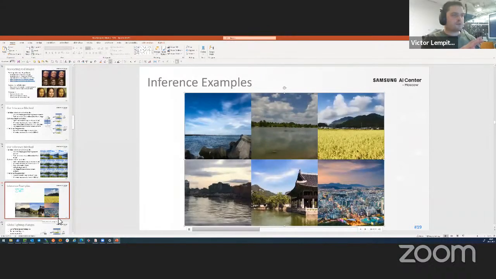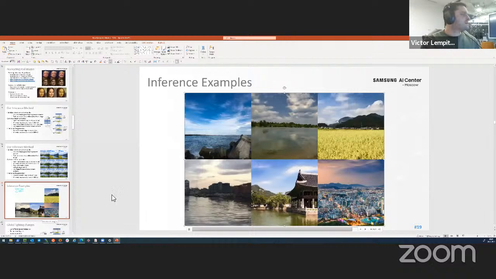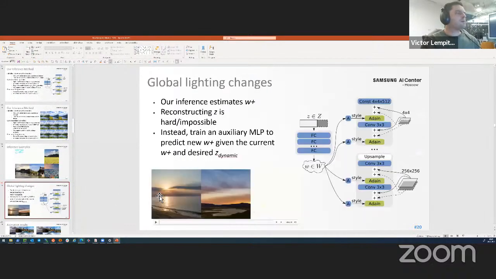As you know, it gets the clouds moving, but we still miss the global lighting changes, right? And the reason is I told you how to animate the noise variables. I haven't told you how to animate the W variables, right? So we know how to animate the Z variables.